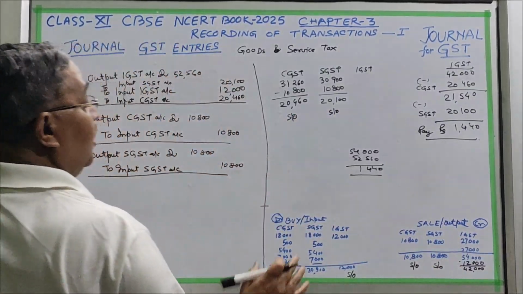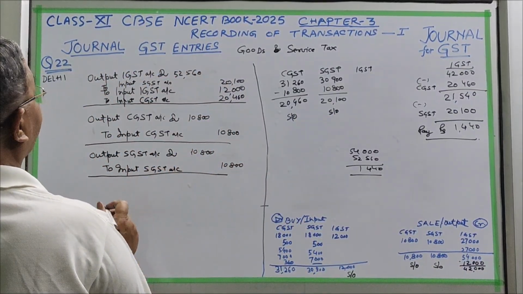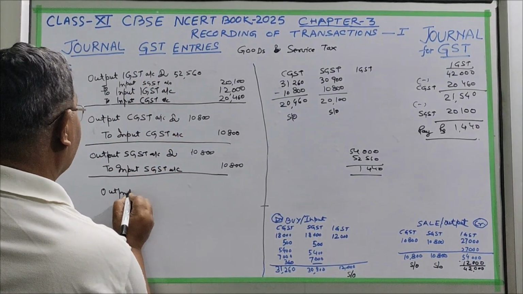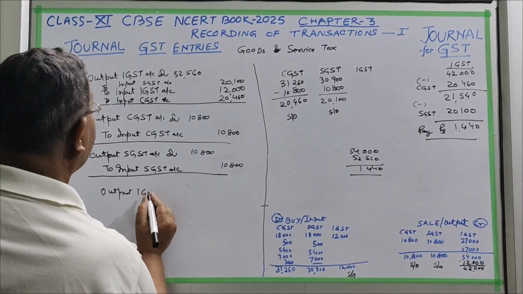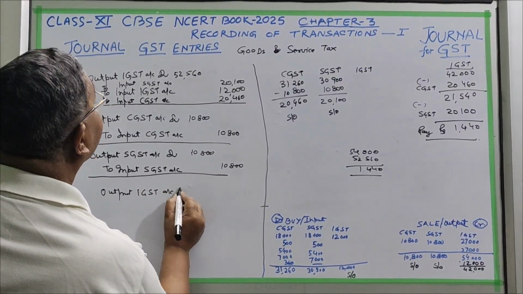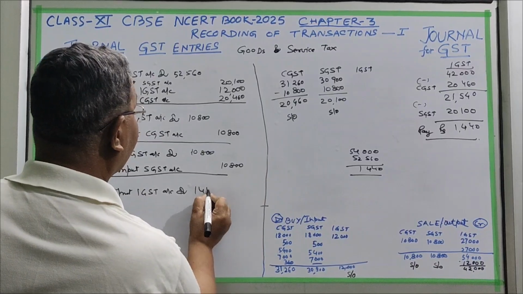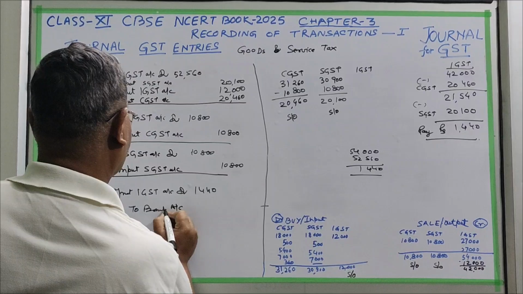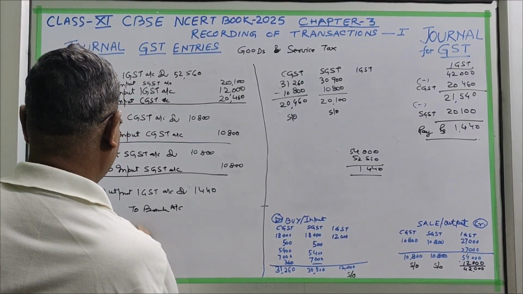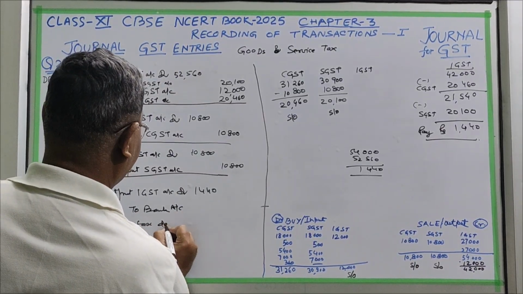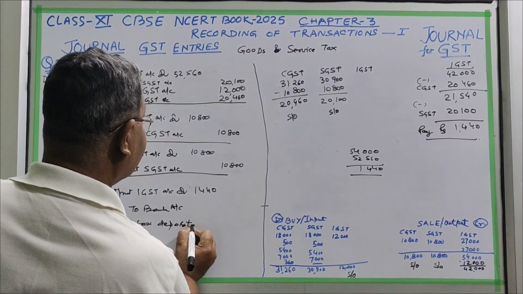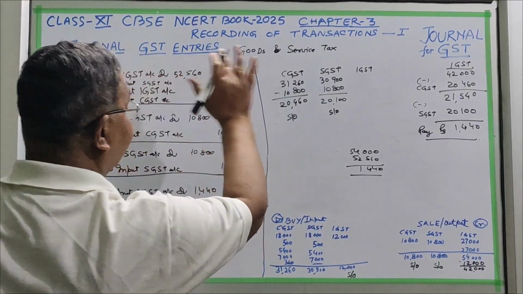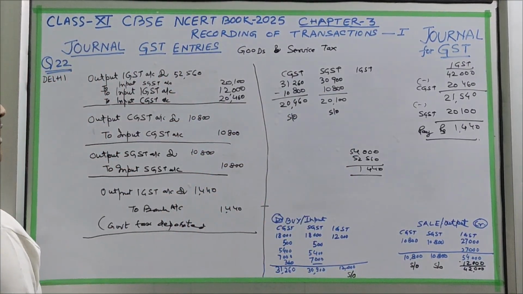Then this output IGST account debit by 1,440 to bank account, government tax deposited. This 1,440 we will pay to the government, and all our entries will be over. This will be the final entry. Okay, this is the position.